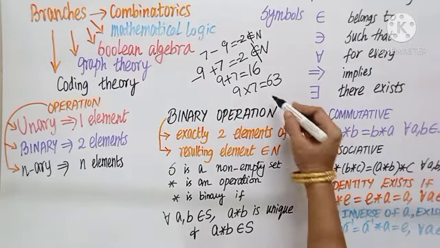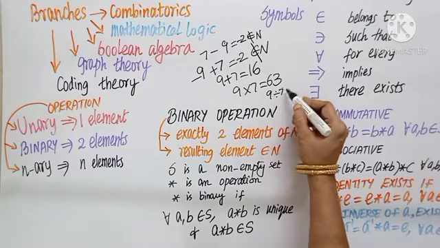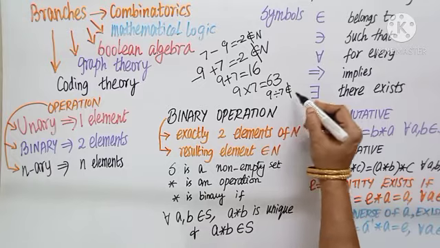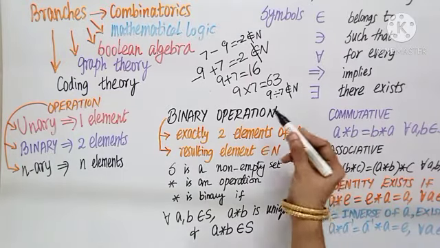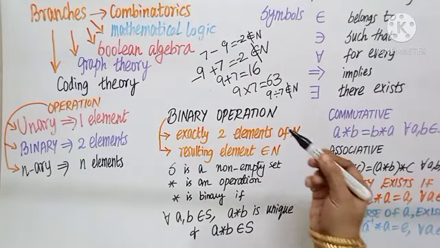In the same way, division is also not a binary operation in N, because when I divide, fractions will come. Fractions do not belong to the natural number set. So subtraction and division are not binary in N. Depending on the set of elements that I take, I can check whether an operation is binary or not.